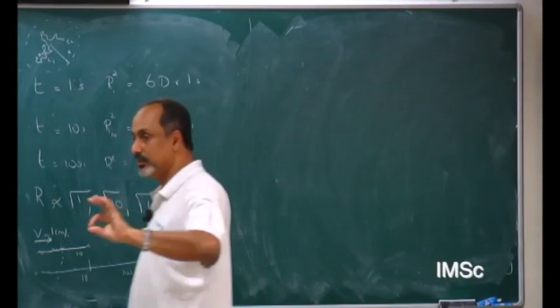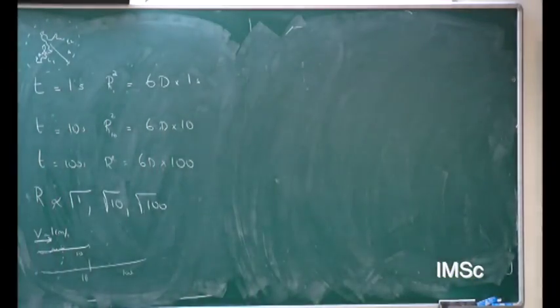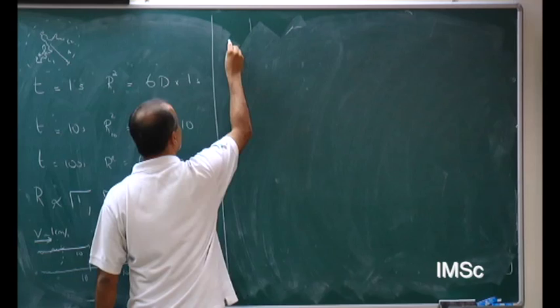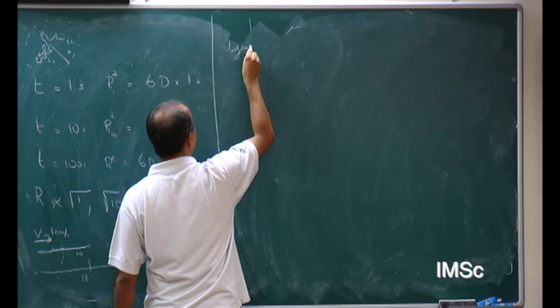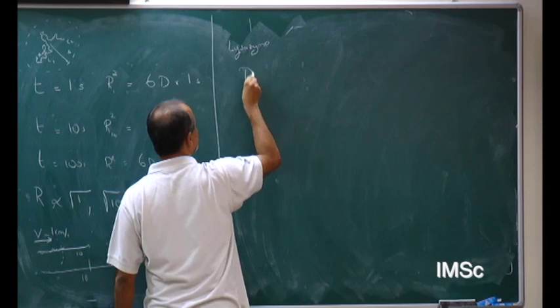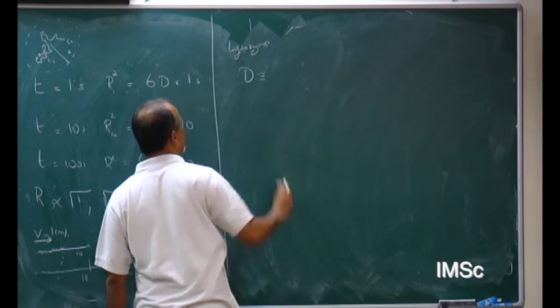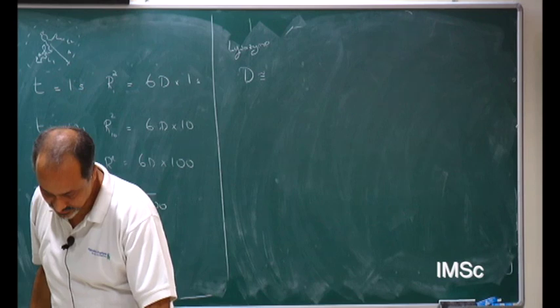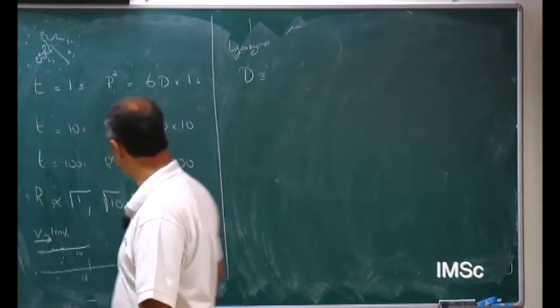For example, it may move around in the cytoplasm. So let us take something like the lysozyme, which is a small antibacterial protein. And I will tell you that the lysozyme has a diffusion constant of about 10 to the minus 5 centimeters squared per second.